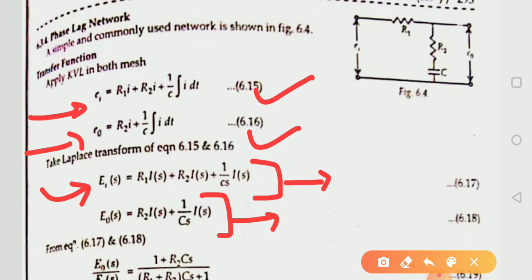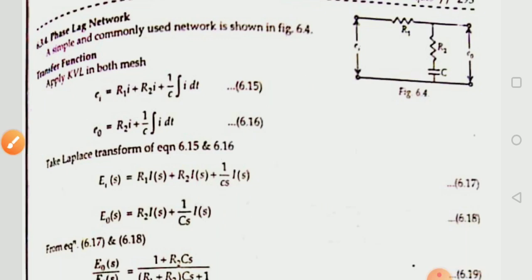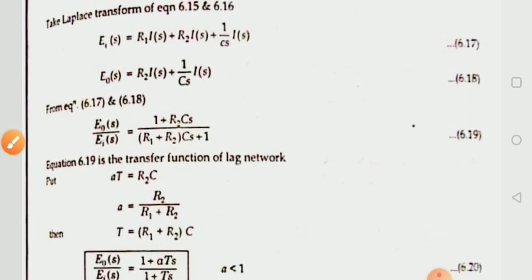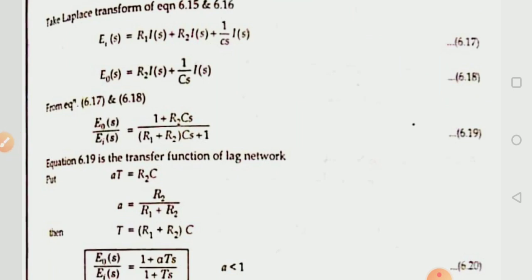Now we calculate output upon input, so we divide both equations. We get E0(s) over E1(s) equal to (R2 + 1/Cs) over (R1 + R2 + 1/Cs), that is (1 + R2Cs) over (R1 + R2)Cs + 1.